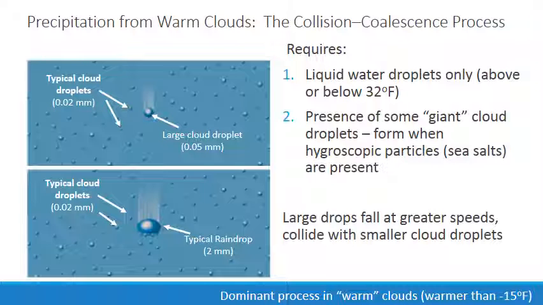These large droplets may form when giant condensation nuclei are present, or when hygroscopic particles like sea salts are carried by updrafts into the atmosphere. Hygroscopic particles begin to collect water vapor at relative humidities below 100%. And when large cloud droplets are intermixed with numerous smaller droplets, the conditions are ideal for making precipitation.